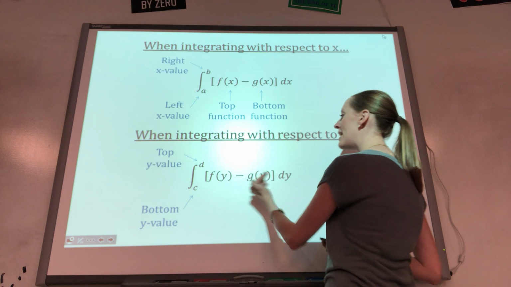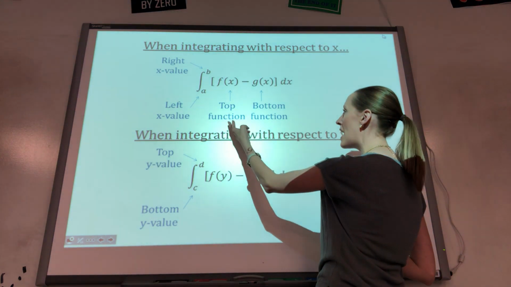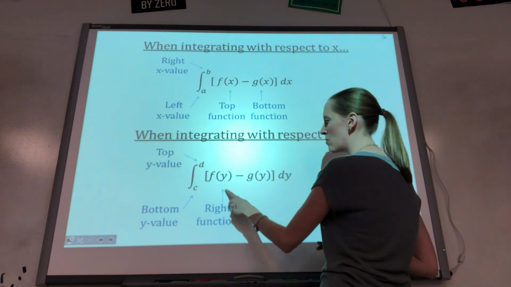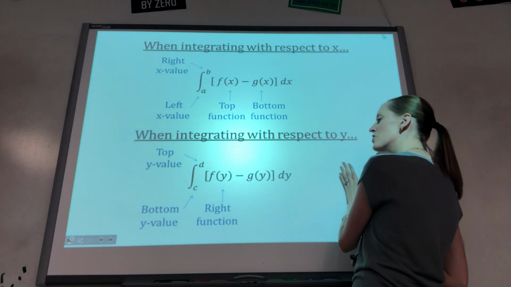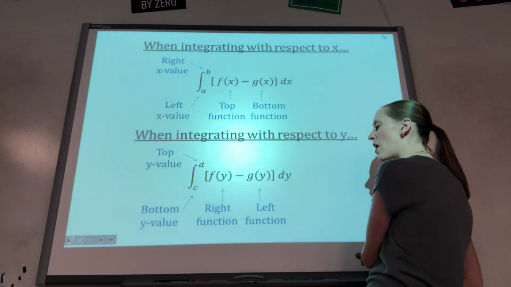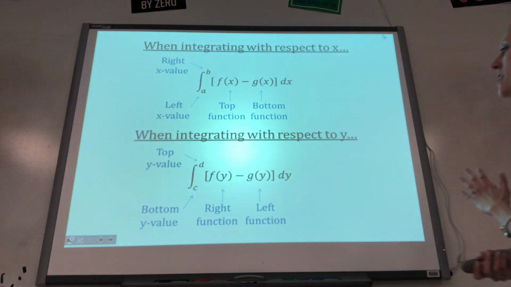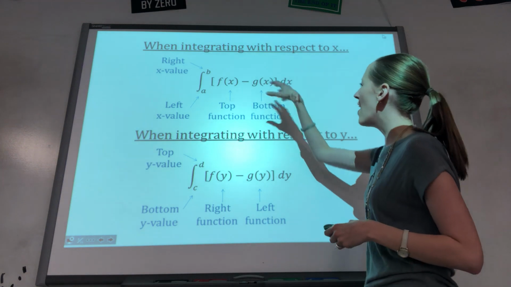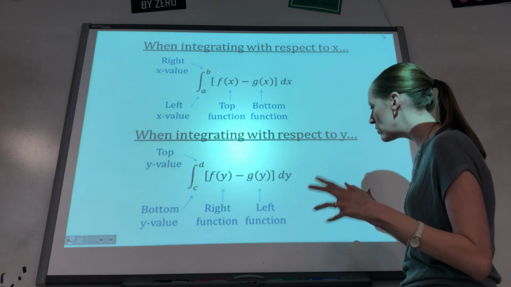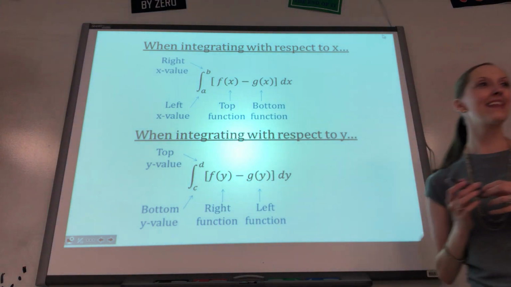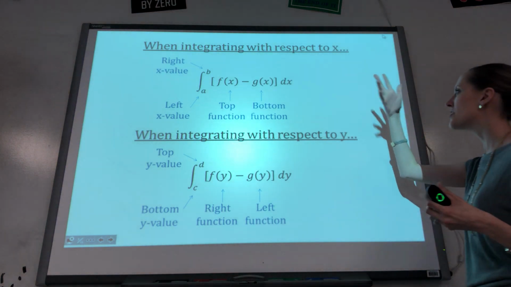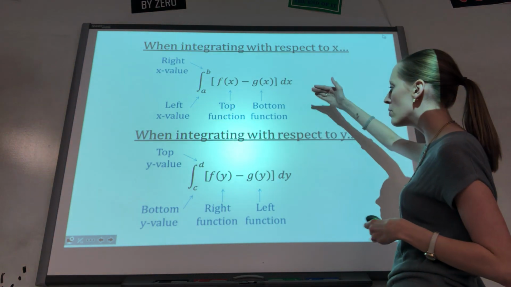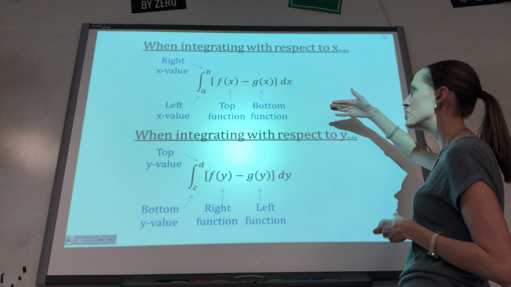And with your integrand, it's not going to be top function minus bottom anymore. It's going to be the function that forms the right part of your shaded region minus the function that forms the left part. So, I mean, all of these things are kind of confusing when you put them all together like that, which means, you know, on a test or a quiz, I'd probably want to lay this out on my cheat sheet.